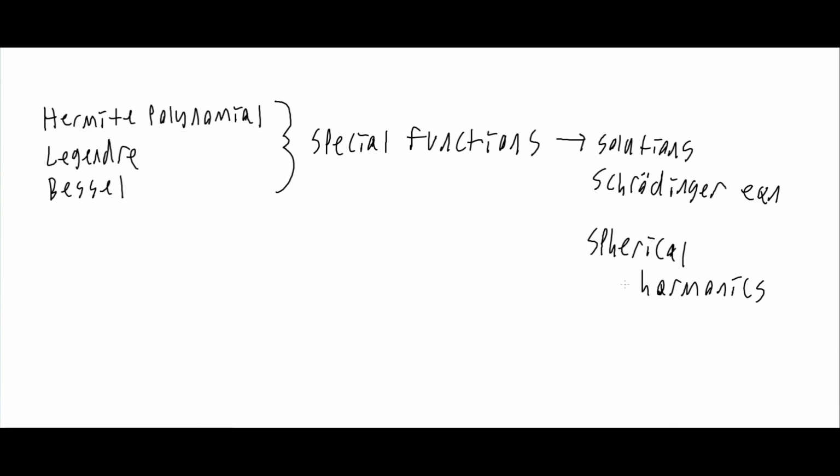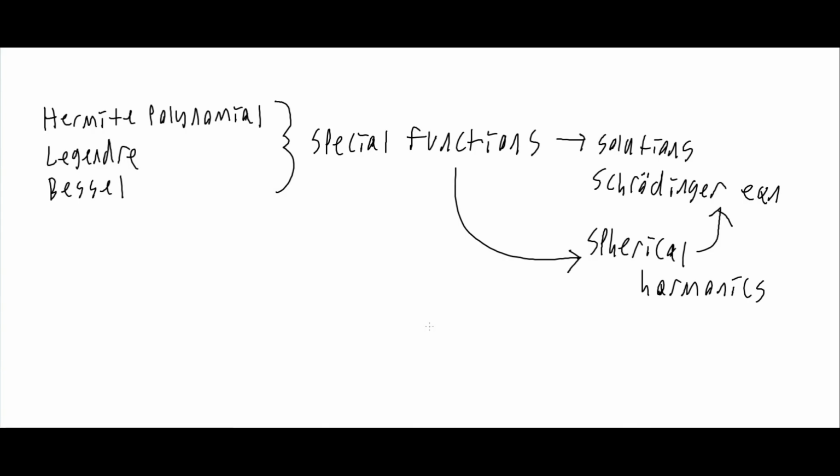And so there's a lot of baggage or background that comes with looking at these special functions, which, as I said, are needed for spherical harmonics, which are solutions to the Schrödinger equation. And so I wanted to go over just a little bit the properties of these functions as they relate to the Schrödinger equation.